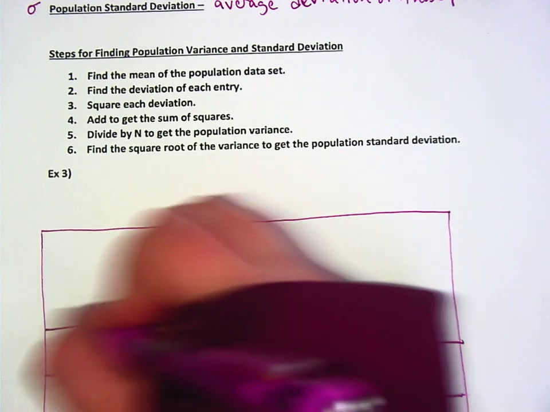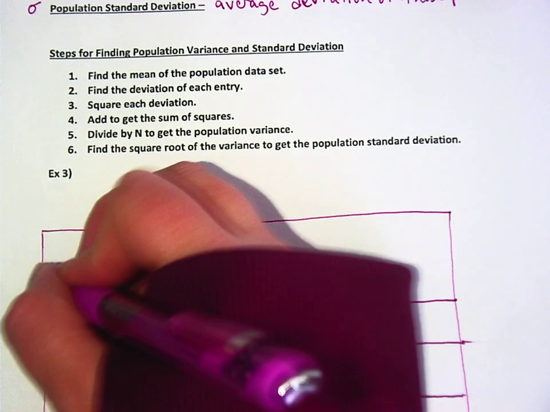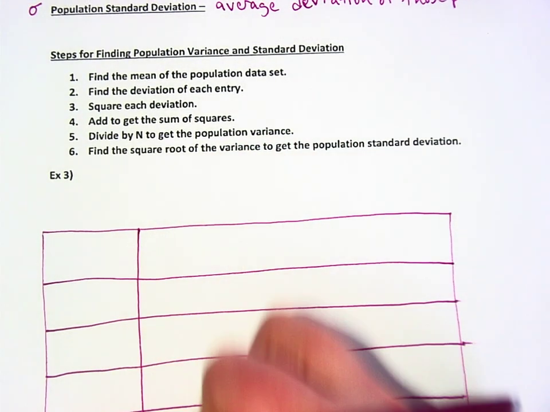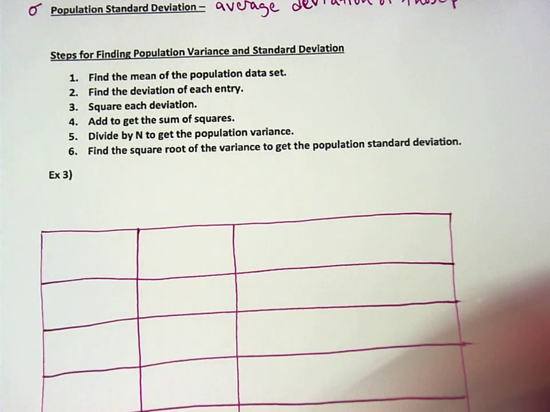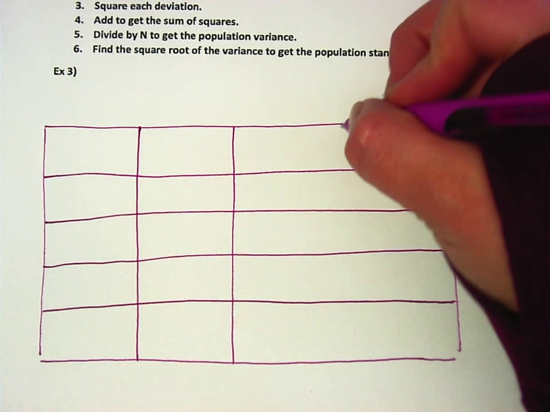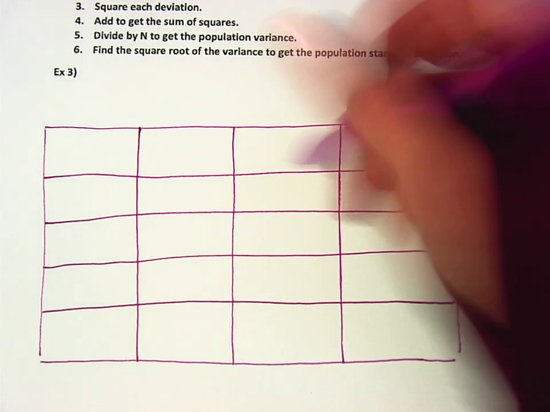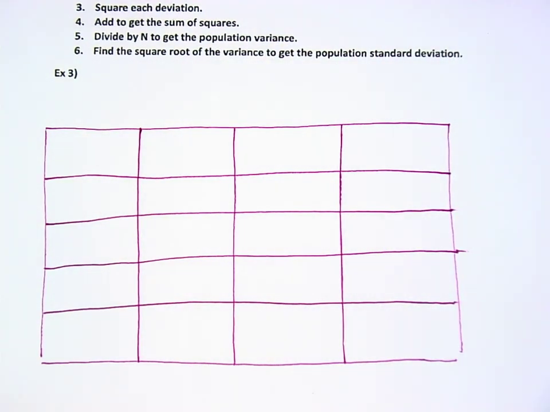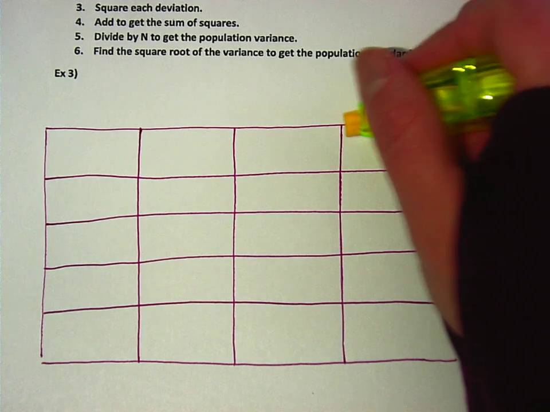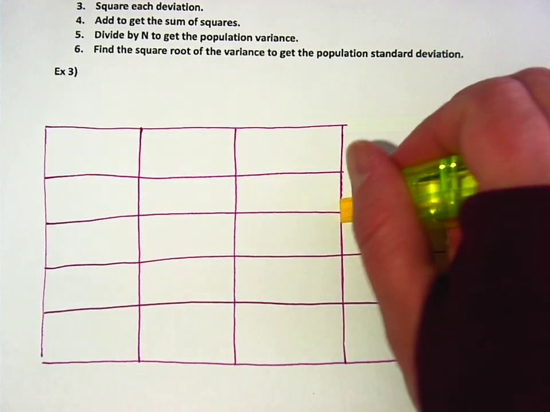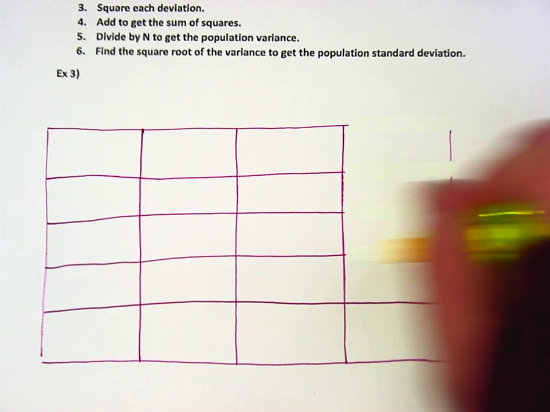We need 3 columns. Okay, so I'm going to need 5 numbers.